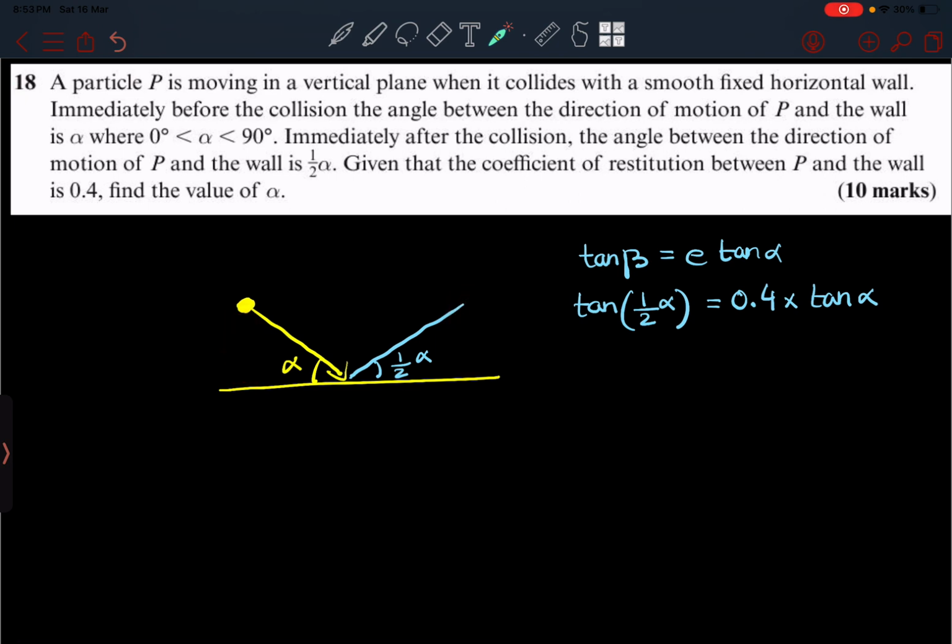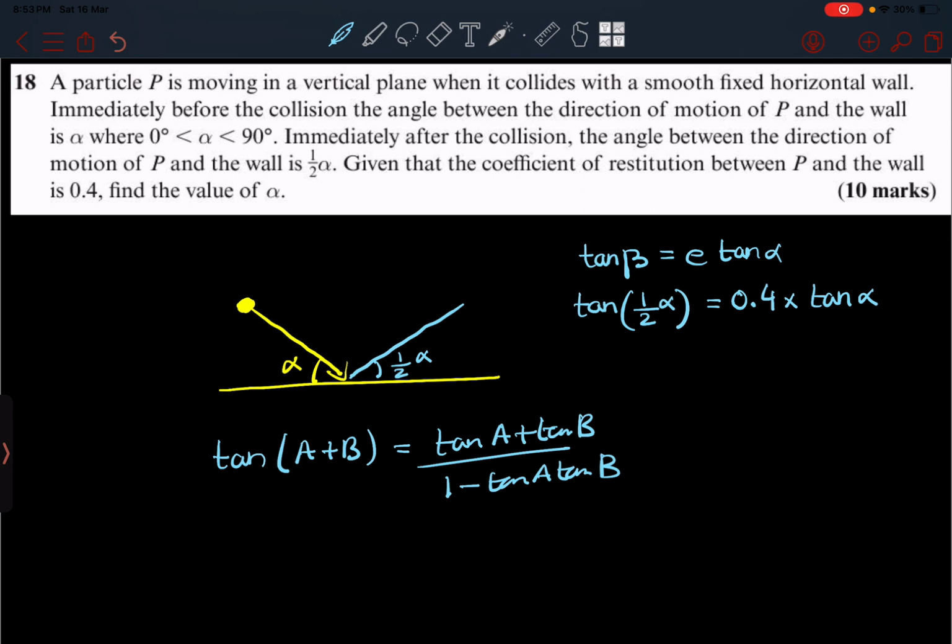What we can do is, I've got tan half alpha and I've got tan alpha here. So I would try to use the tan of A plus B formula, which is tan A plus tan B over 1 minus tan A tan B. How I'm going to use it is, tan alpha, I'm going to split up as tan of half alpha plus another half alpha.